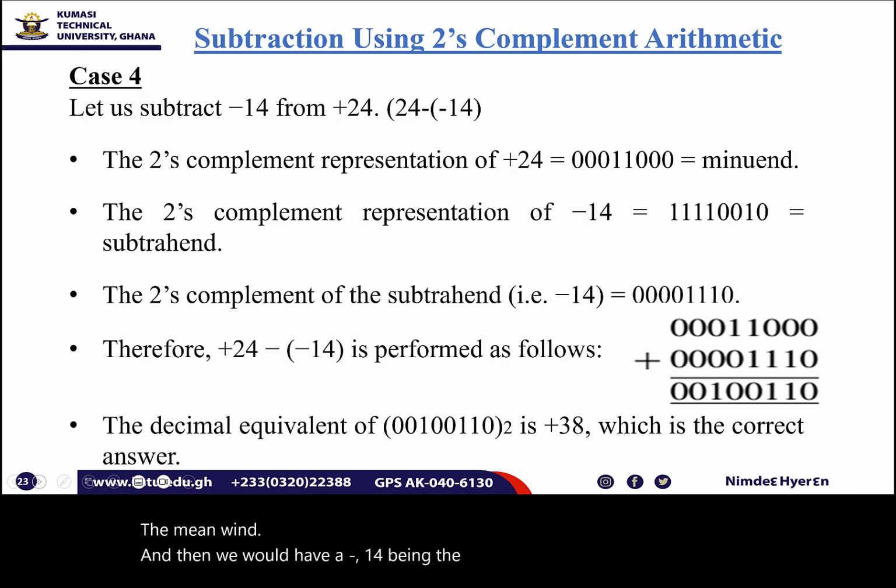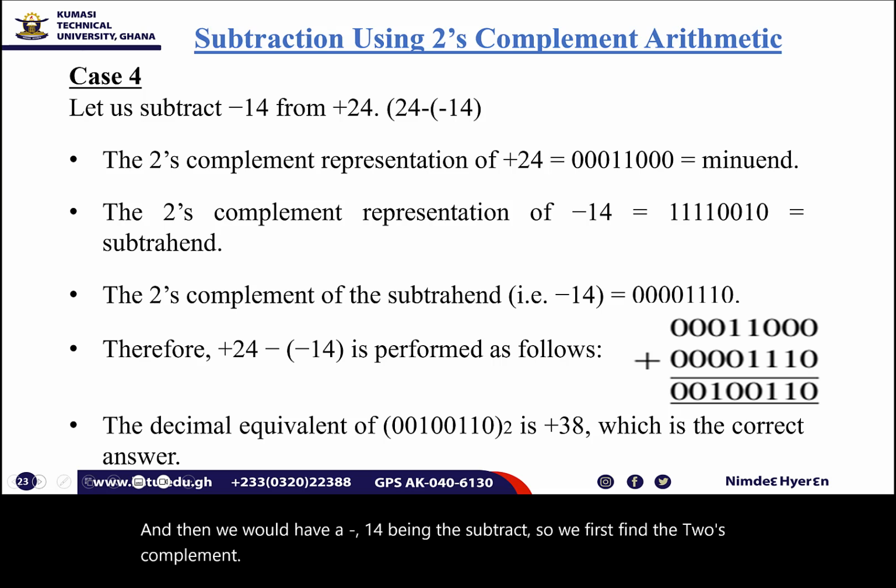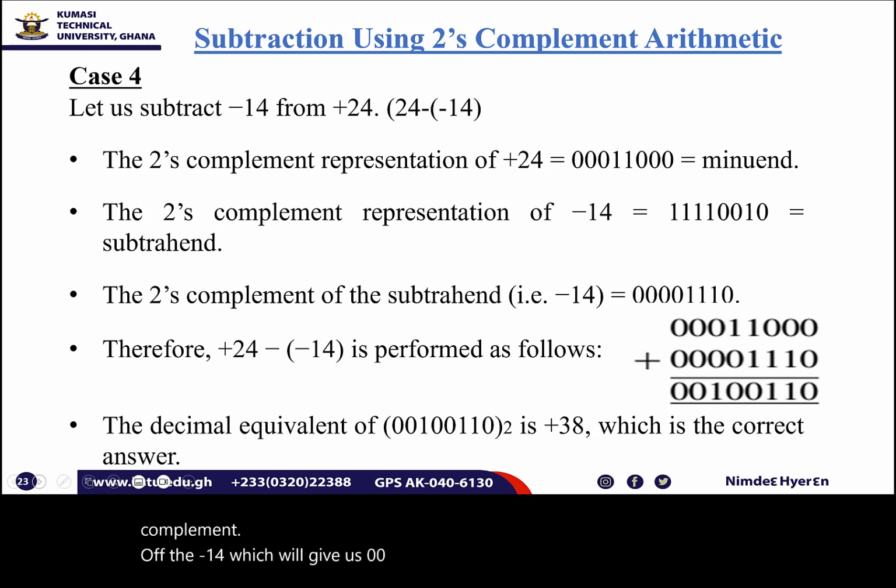So we first find the 2's complement of the negative 14, which will give us 0 0 0 0 1 1 1 0. Therefore, we would get plus 24 minus negative 14, which will end up giving us positive what? 38. Okay, so you take note of that.